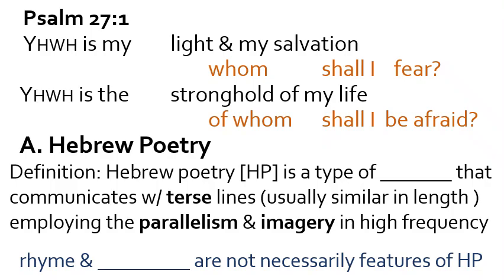And then rhyme is a big function in English poetry, but not in Hebrew. Not necessarily featured at all. Many of the Psalms, you'll see no rhyme. It's very rare, actually, in Hebrew poetry. And they're not worried about that rhythm, the meter of it.